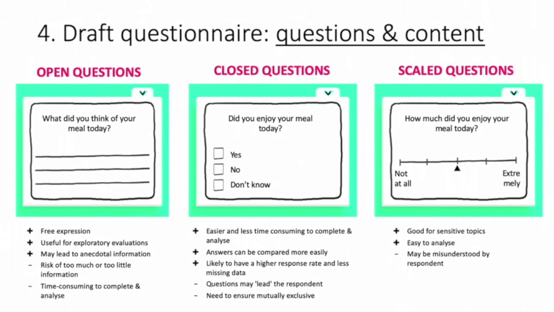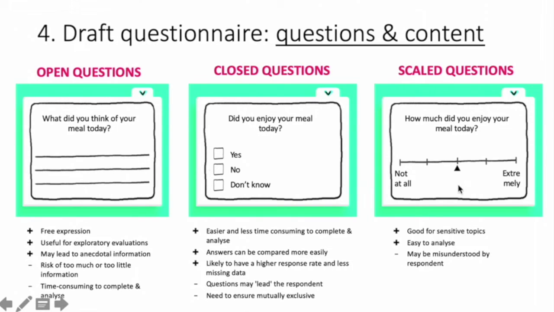And then the final type of question is scaled questions. There are different types of scaled questions that you can use. They're often referred to as Likert scales. They can be easy to analyze, and they can be used for investigating sensitive topics, for example. But there is a high risk of them being misinterpreted by participants.